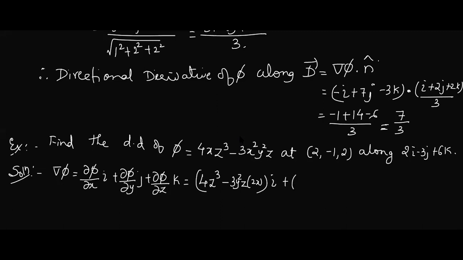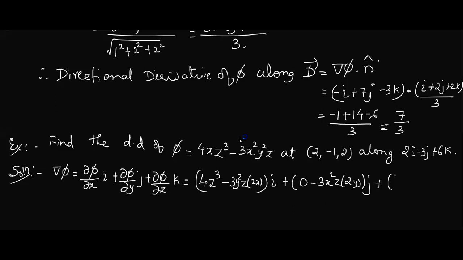Now, dou phi by dou y means it is appearing here only. 0 minus 3x square z constant, y square derivative is 2y, j. With respect to z means it appears in both the terms.